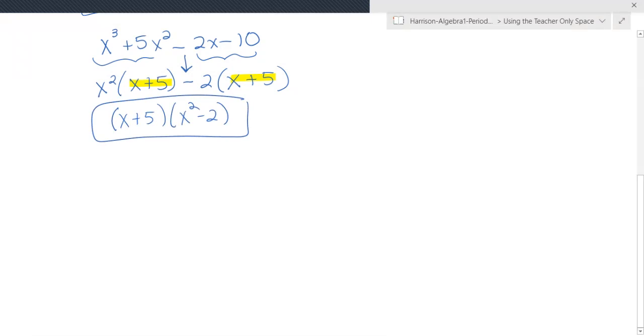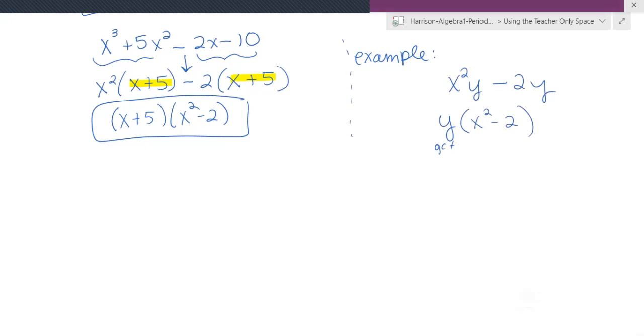So let me give you an example that's sort of related to that. Let's say I have x squared y minus 2y, and I asked you to factor that. So again, we're just looking at this problem. The GCF here is a y, so we write that down. That's our GCF. And then we open a parenthesis, and we would need to multiply by x squared minus 2. So again, notice that this is my GCF.